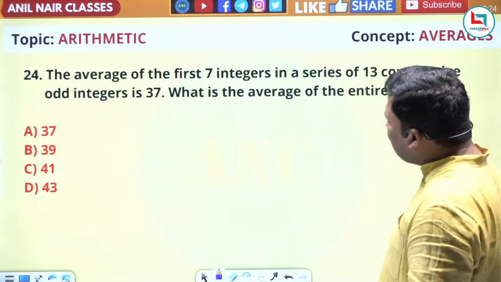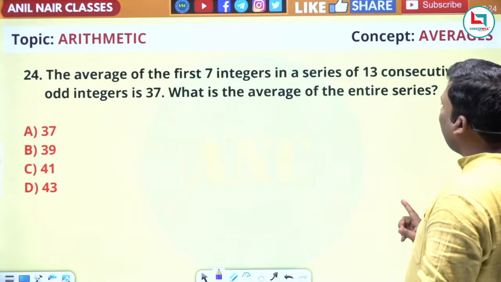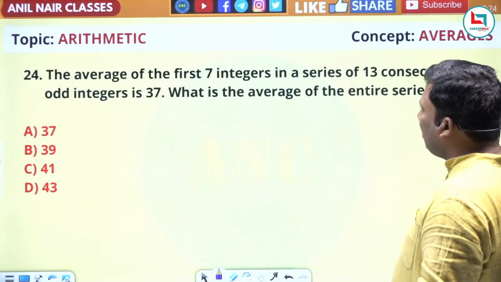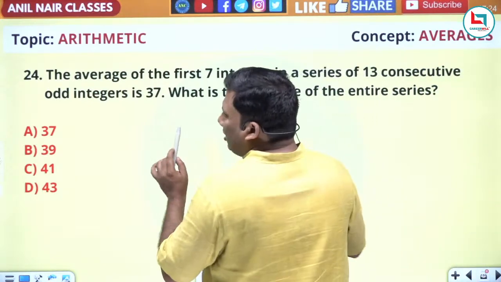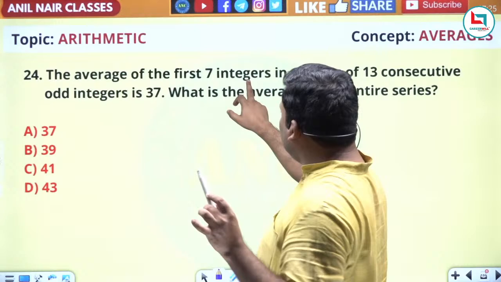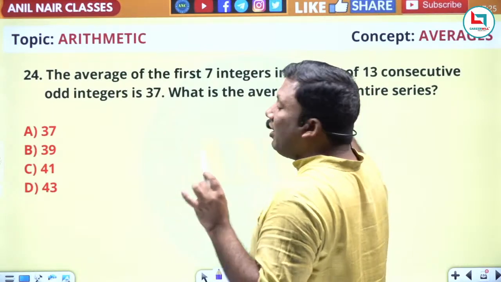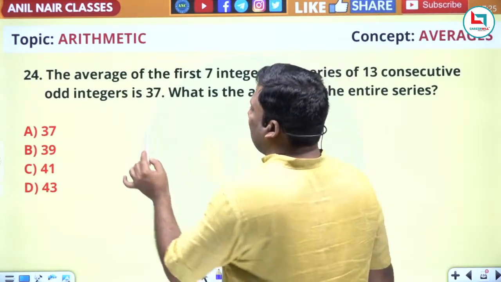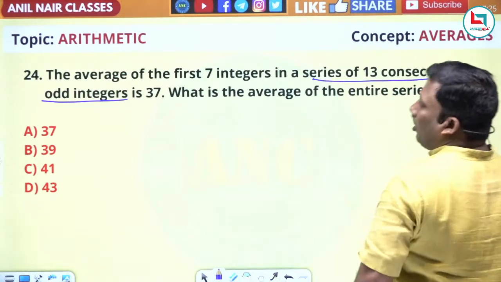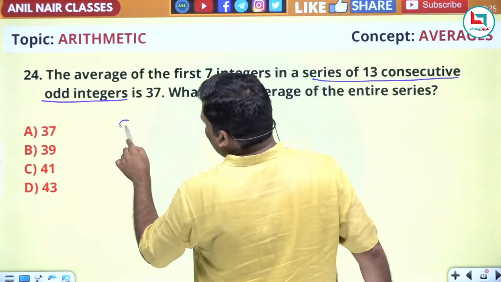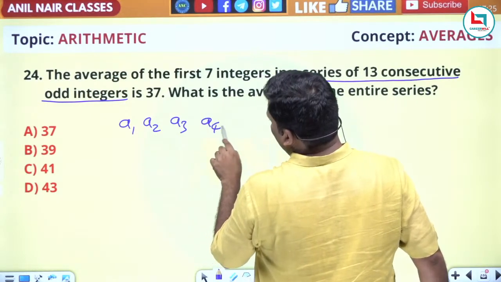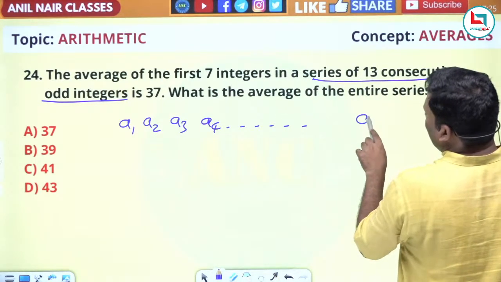Average of the first 7 integers in a series of 13 consecutive odd integers. There is a series of 13 consecutive odd integers. So A1, A2, A3, A4 and so on up to A13.